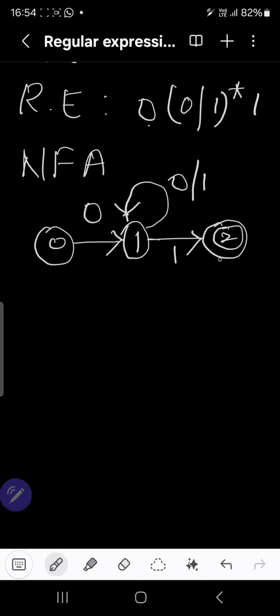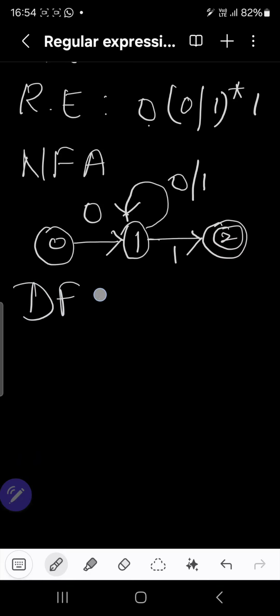That is one transition. Another transition is from state 1 on input 1, we have the transition to state 1. So the next states to state 1 are state 1 and state 2. So we can have more than one next state. That is possible in NFA.